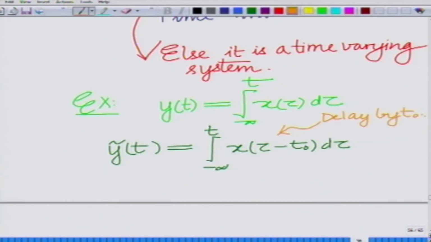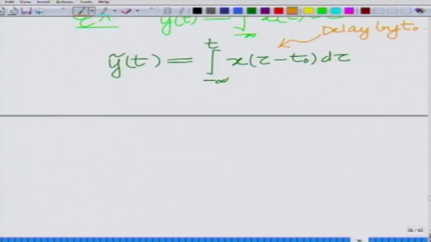If I delay by t0, let us see what is the impact on the output signal. Let us set tau minus t0 equals tau tilde, which implies d tau equals d tau tilde.